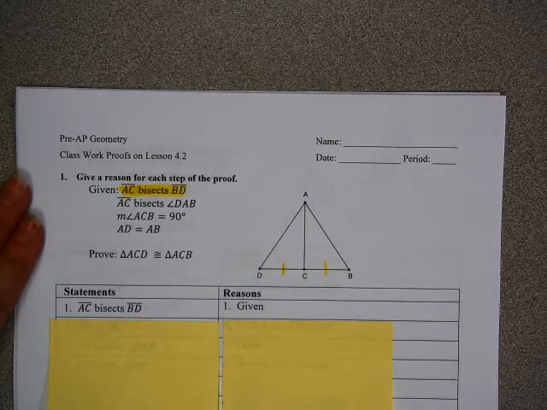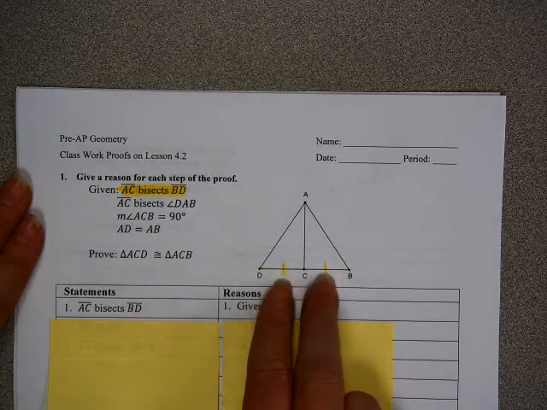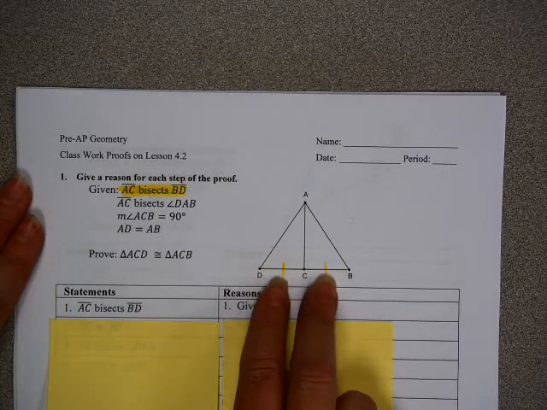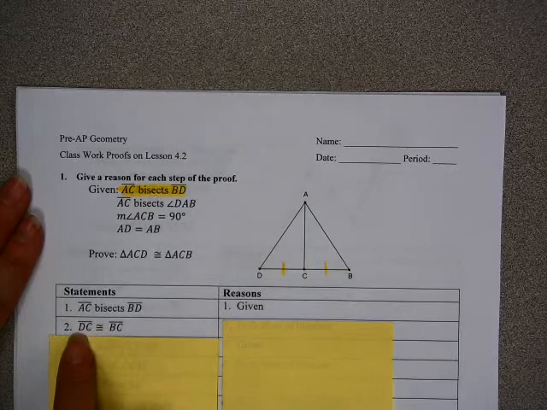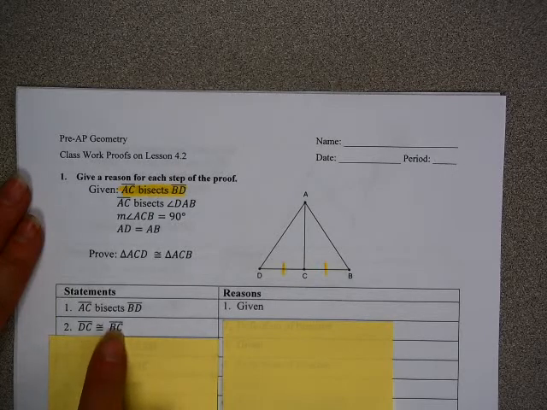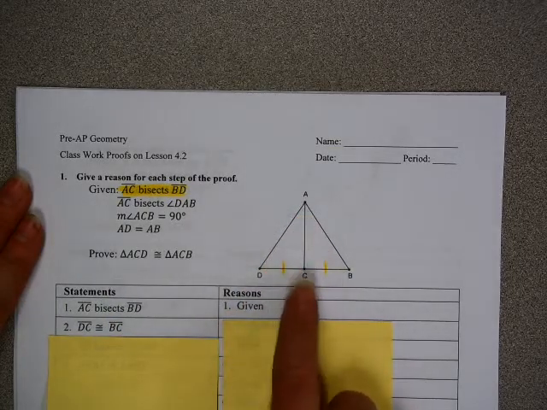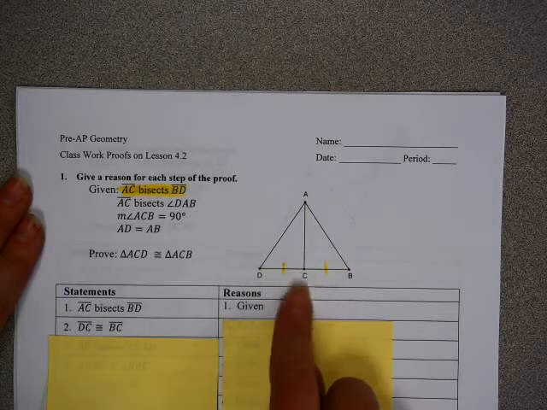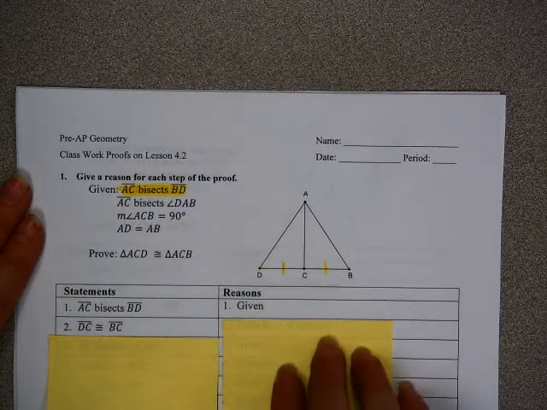Okay, then AC bisects BD, well, what that does is it produces two congruent segments. And so here, DC is congruent to BC. Now, the definition states that when this bisects this, it intersects at the midpoint, but what we have decided this year is that you're able to go from this step to this step using the definition.